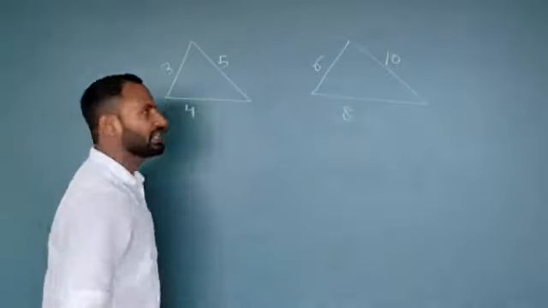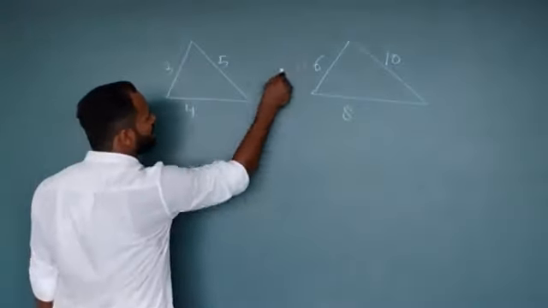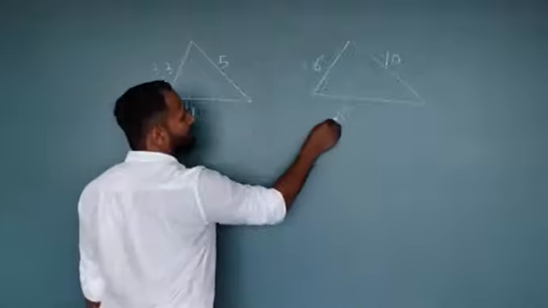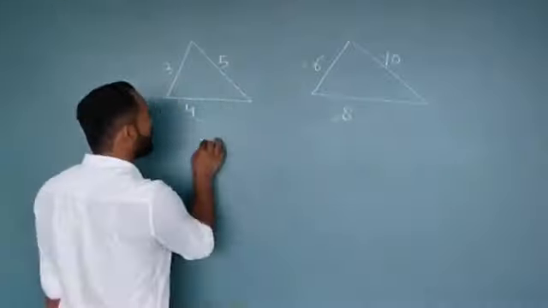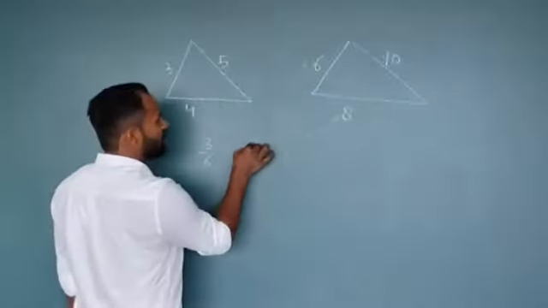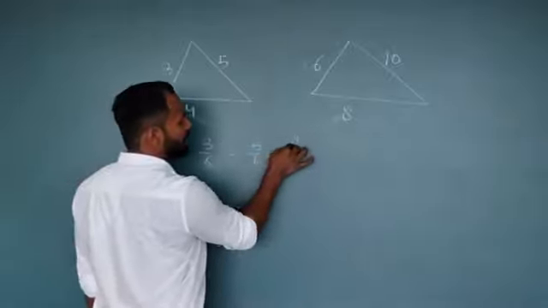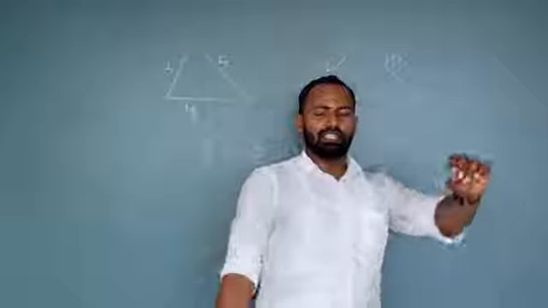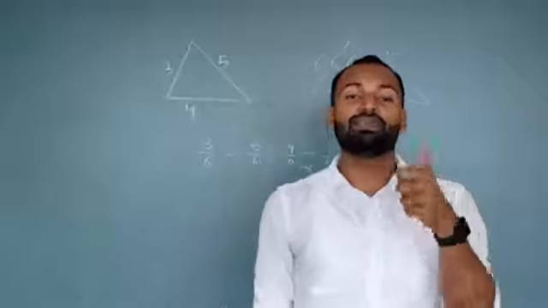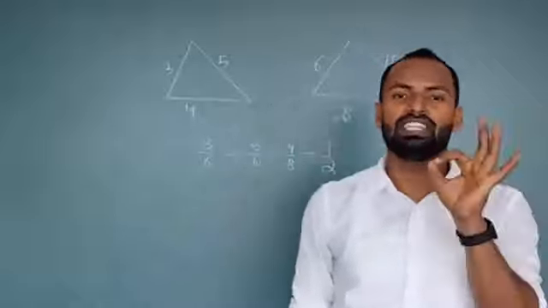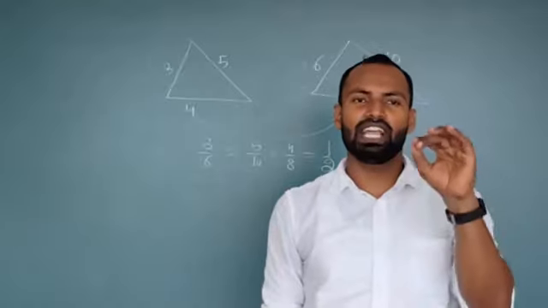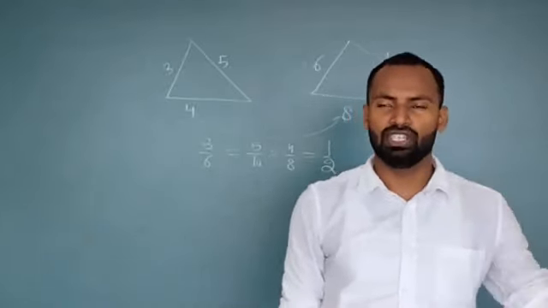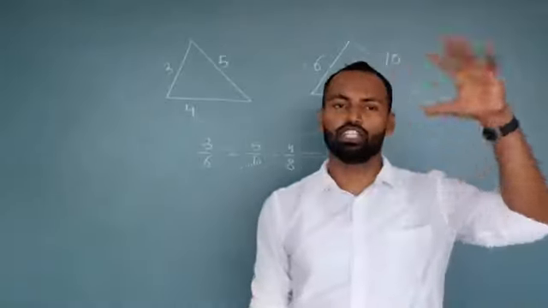If you take the ratio of this side and this side, and so on for each pair, we get 3/6, 5/10 and 4/8, which is again 1:2. So both triangles have different size but same shape because side lengths are in proportion. One length is double, then the other is also double.